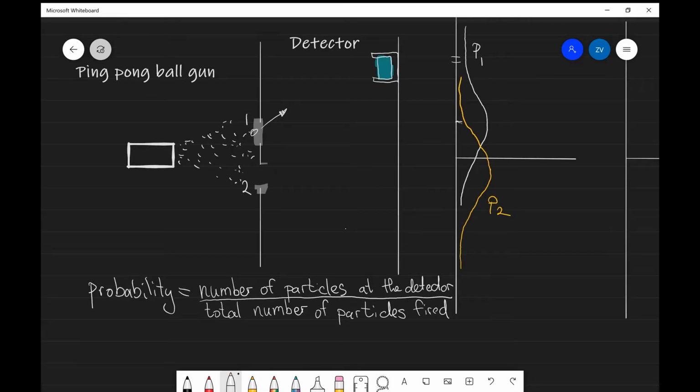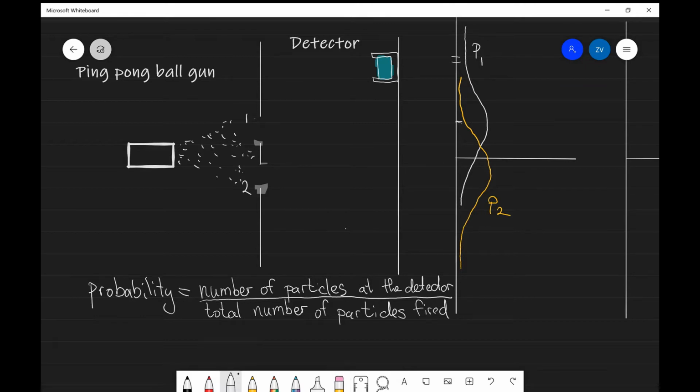So good. Now, what happens when we leave both slits open? Now, whenever we have particle behavior, the probability of finding a particle at a certain space with both slits open is actually the sum of P1 and P2.